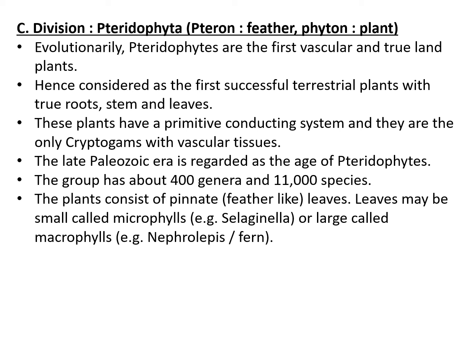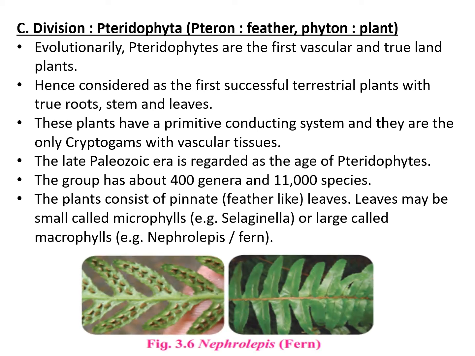Leaves may be small, called microphylls, example: Selaginella, or large, called macrophylls, example: Nephrolepis or fern. This diagram shows Nephrolepis.